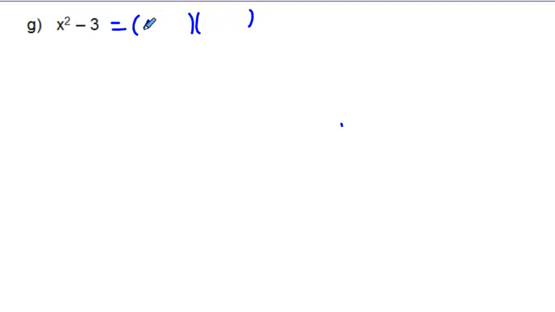Well, strictly it's not the way we did before, but we still have a difference. So the square root of x squared is x. Then we're going to have plus minus. And what's the square root of 3? We're going to have square root of 3.